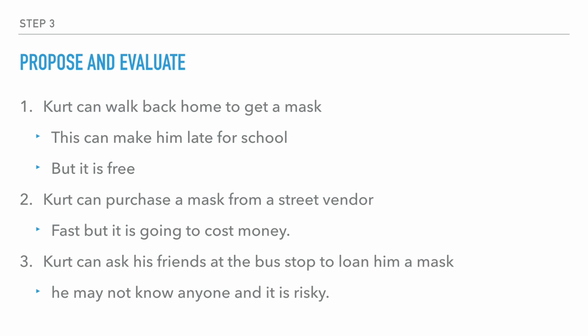And for solution 3, 1, he may not have any friends at the bus stop. 2, his friends may not even have an extra mask in their bag. And 3, he has no control over the cleanliness of that mask. Is that mask clean? Will that mask be a source of infection? So that's kind of risky. Okay? So on the next slide, we are going to choose the most efficient solution.